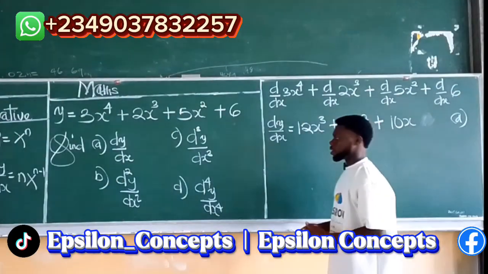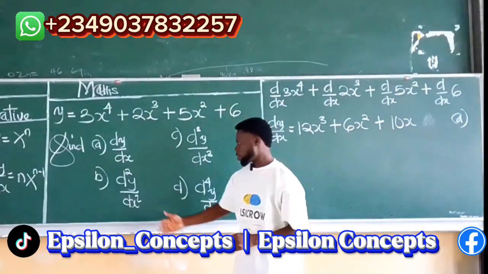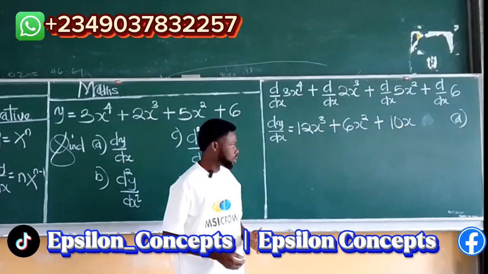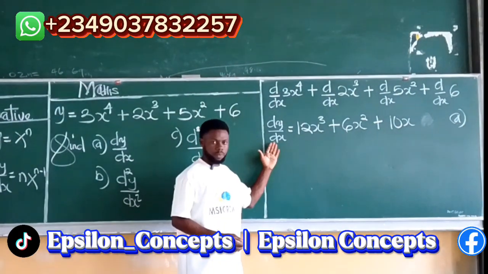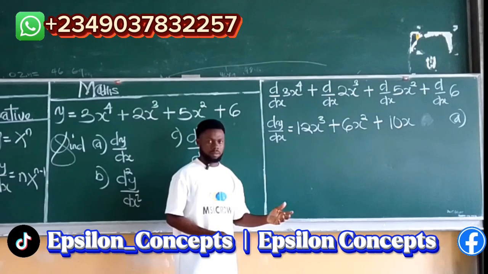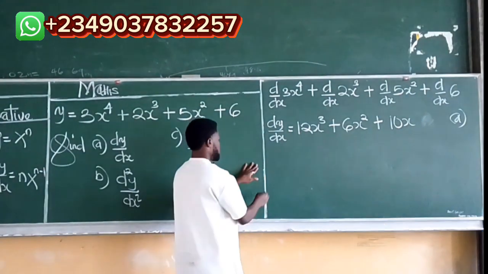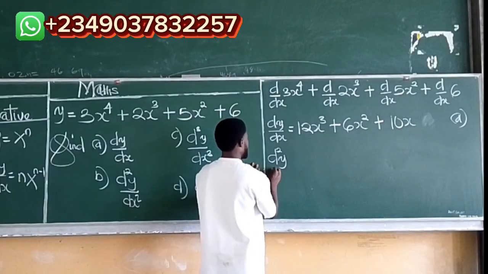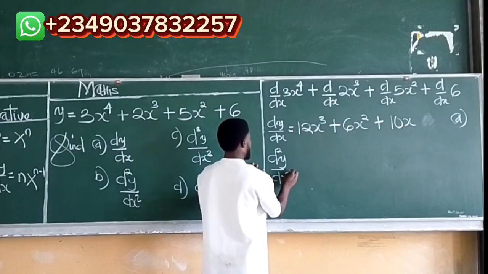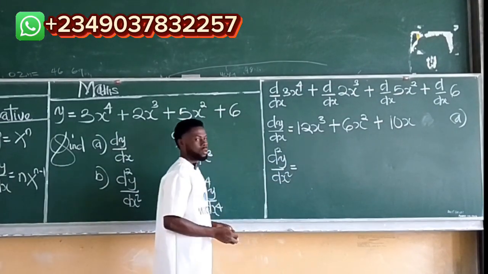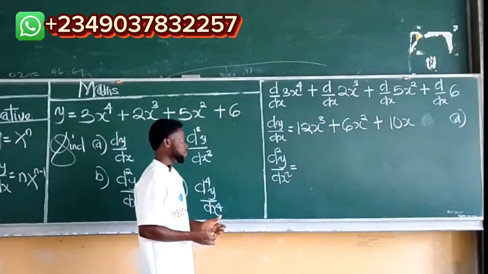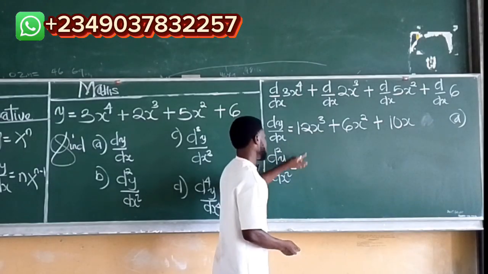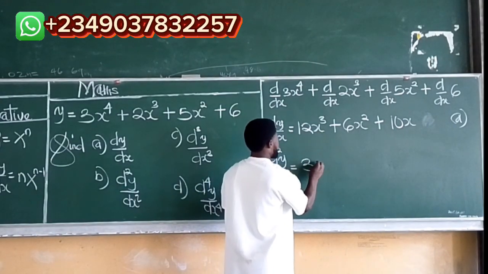Let's do the same for B. How do we determine the second derivative on the board? The trick is very simple. We are going to differentiate the result obtained from the first derivative again. So that will become d squared y over dx squared will equal to, if you find the derivative of this term on the board, it will become 3 times 12, which gives 36.